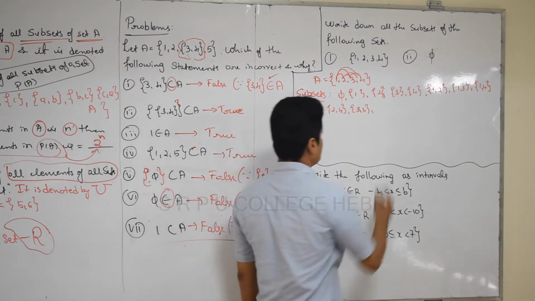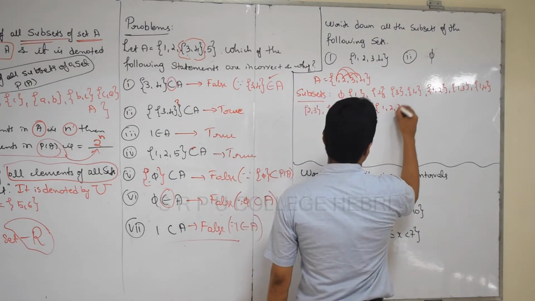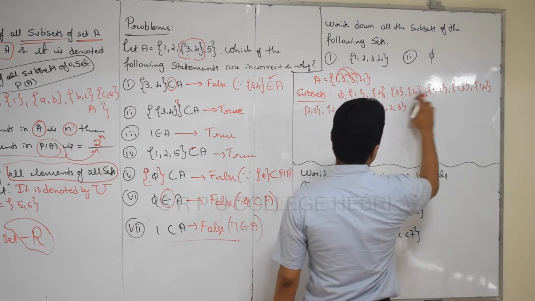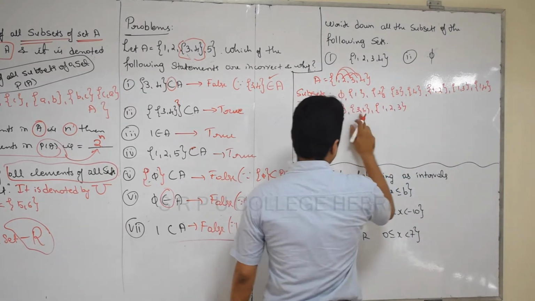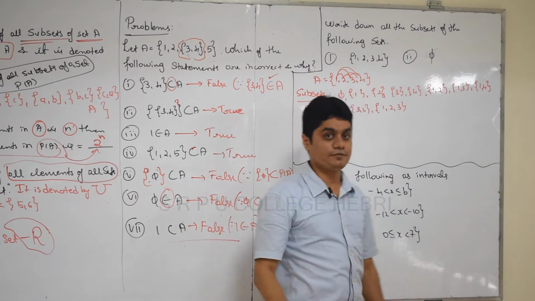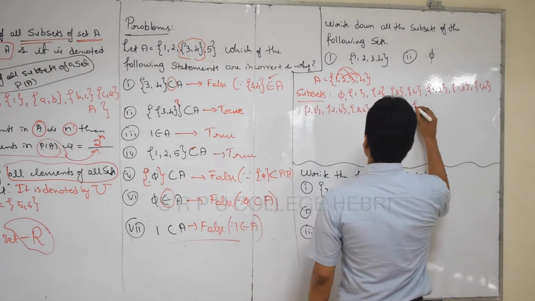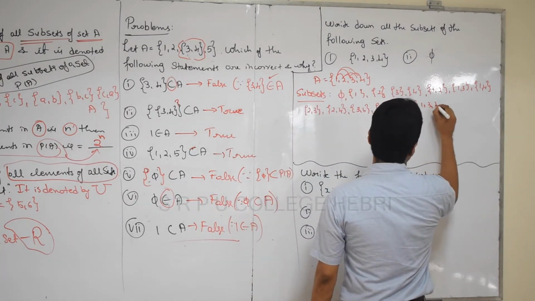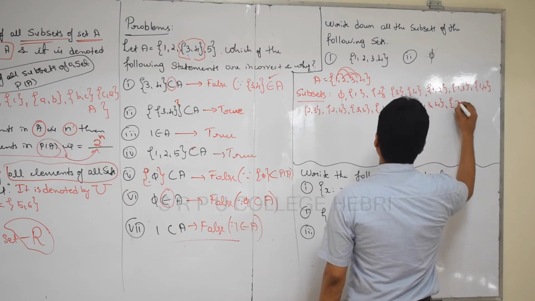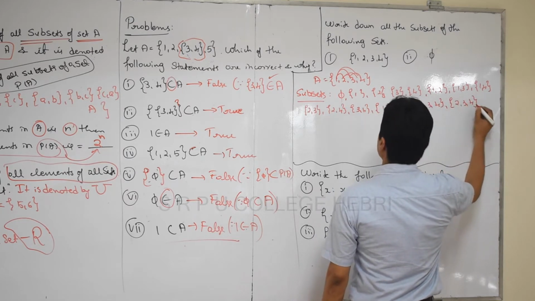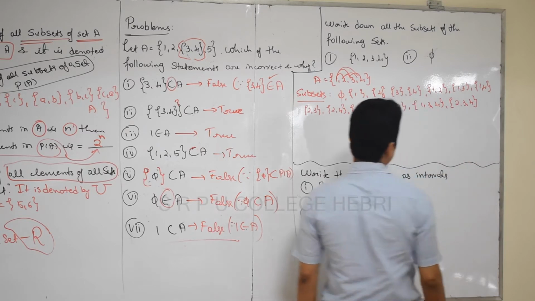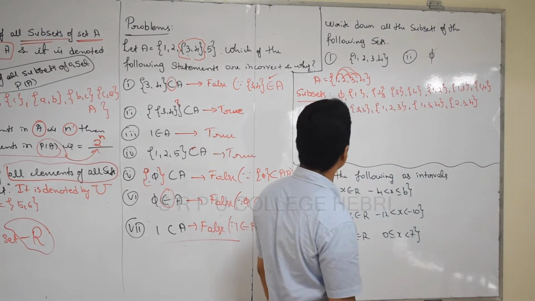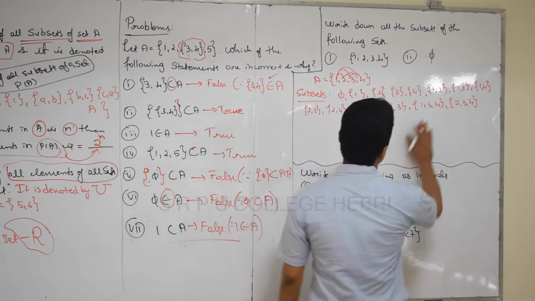Correct? Next, 3 elements. {1, 2, 3}. First count: 1, 2, 3, 4, 5, 6, 7, 8, 9, 10, 11, 12. You know, okay, 4 elements. {1, 2, 3}. Next {1, 3, 4}. Correct? Then {2, 3, 4}, right? Any other possibilities? One more, I think, is possible. {2, 3, 4} is okay.